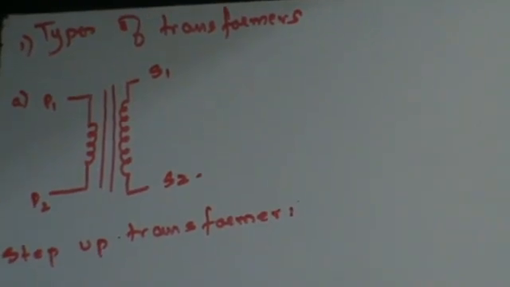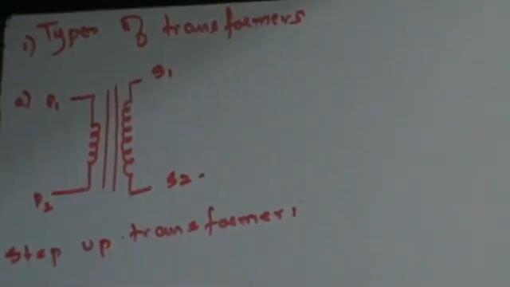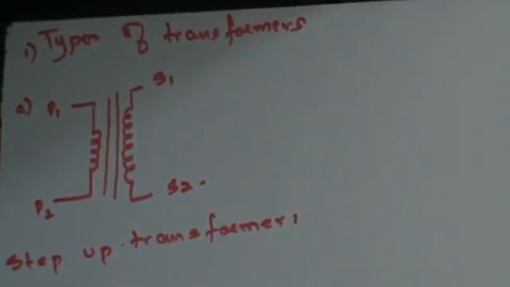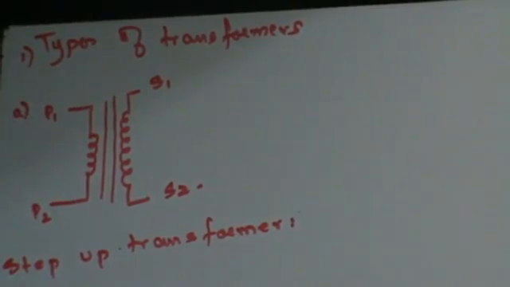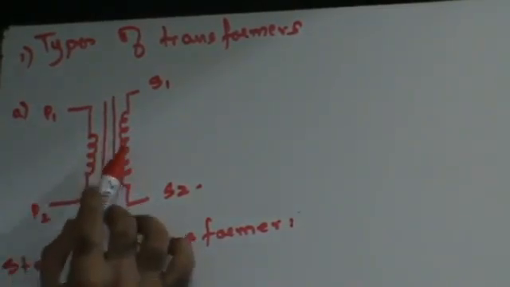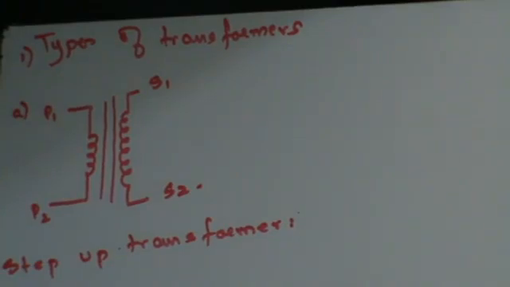It is a transformer in which the primary coils consist of thick insulated copper wire having small number of turns, and the secondary coil consists of thin insulated copper wire having large number of turns. Since it's a thin wire, it will have large resistance.